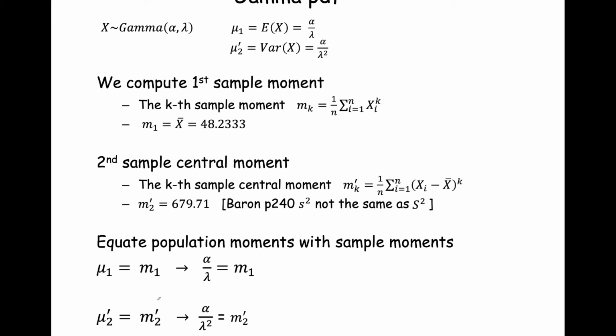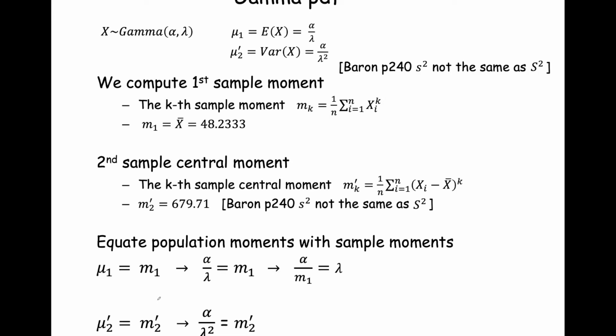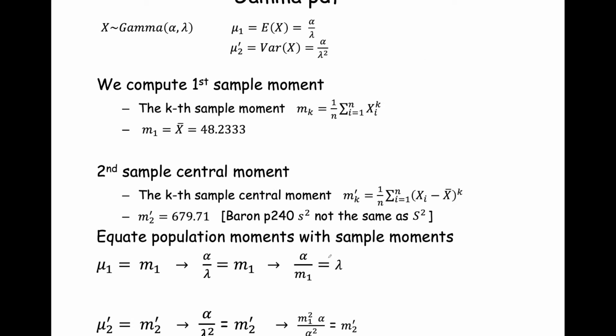So now that we do that, we're going to do a little bit of algebra. For the first equation up top, we're going to multiply both sides of equality by lambda and divide both sides by m1. So that gives us alpha upon m1 is equal to lambda. For the second equation, we're going to do a similar manipulation.